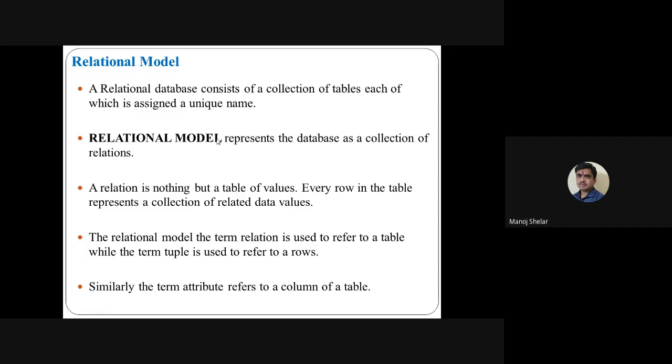Here, two or more tables, or two or more relations. A relational database consists of a collection of tables, each of which is assigned a unique name. The relational model represents the database as a collection of relations.